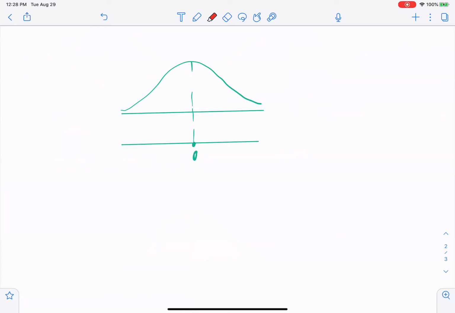Last case. If you know how to find the critical value for a left tail test or a right tail test, it is easy to find critical values for a two-tailed test as well. The only difference here is that I have two rejection regions, one on the right, one on the left, and what is the area that is shaded under the curve on either side?